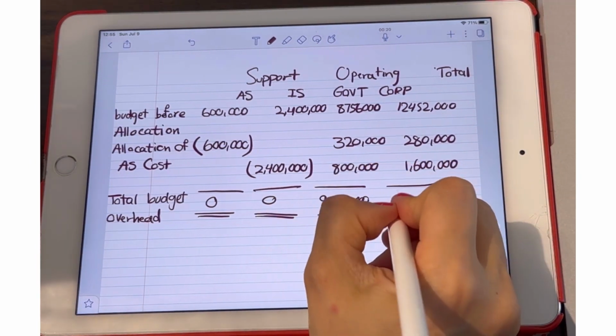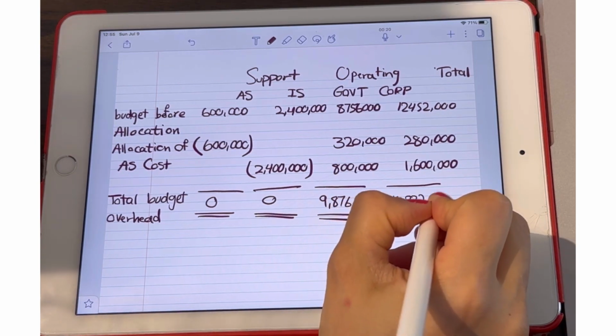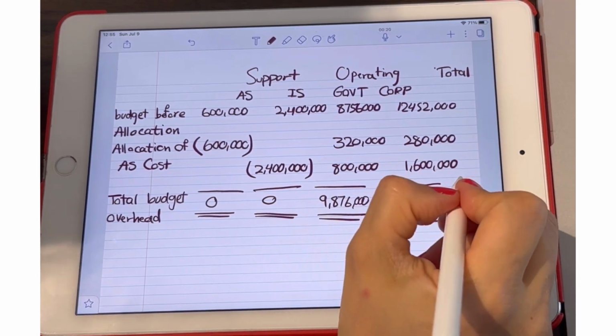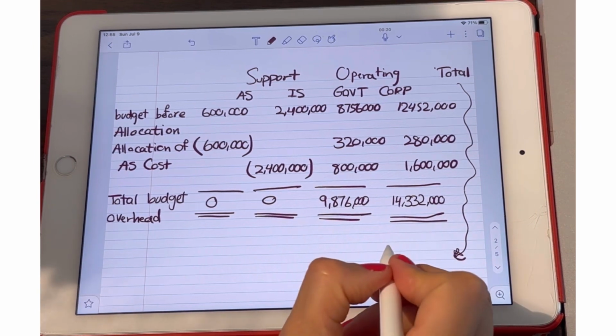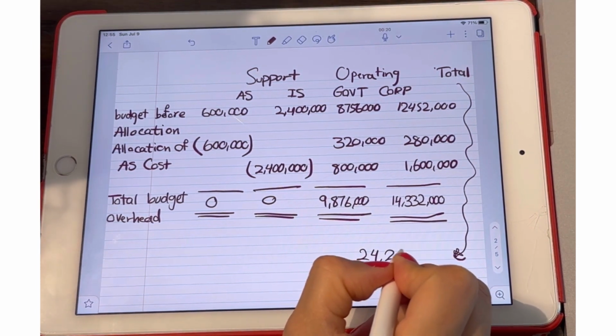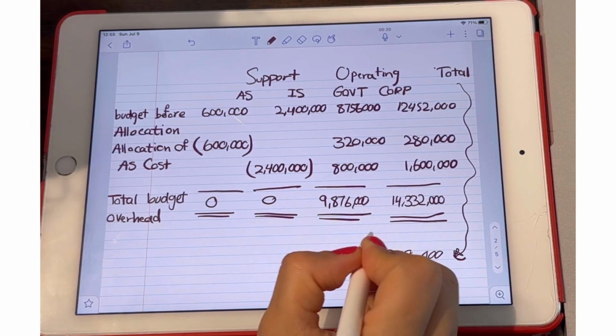And the total operating cost should be equal to $24,208,000, which is exactly the same as we have in the problem.